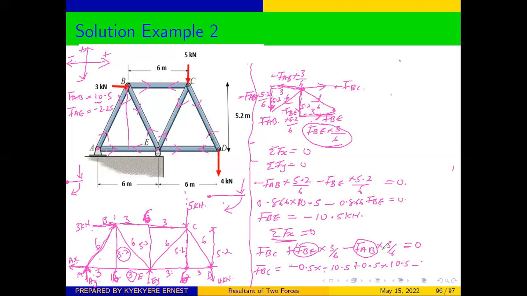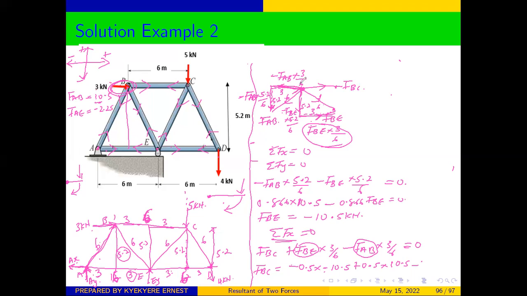Do we have FBC? Yes, sorry, at B there was another force there, which is 3. There was another force going in the right direction. Look at the force.